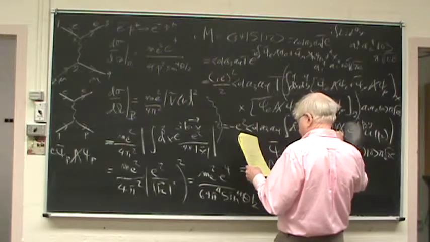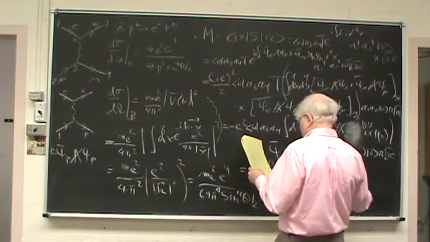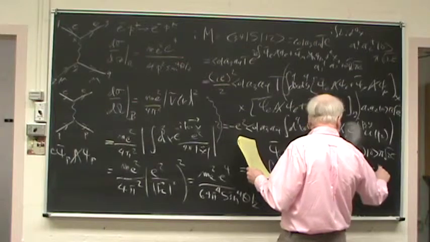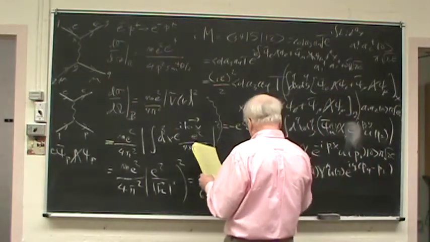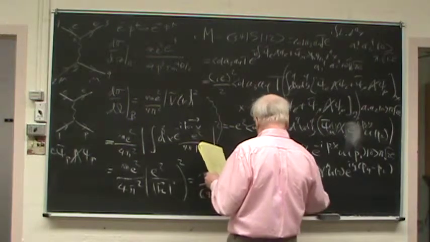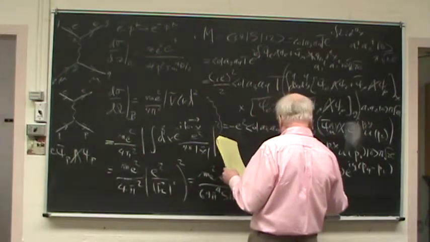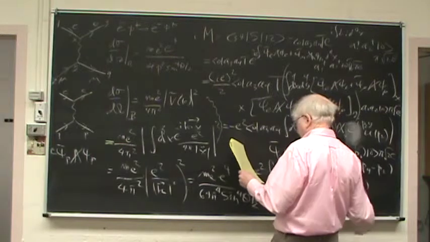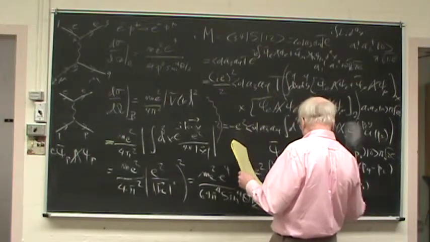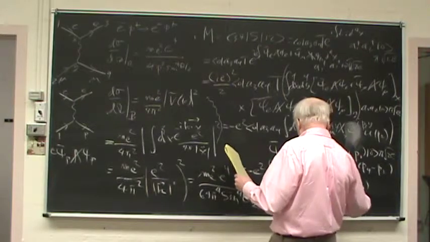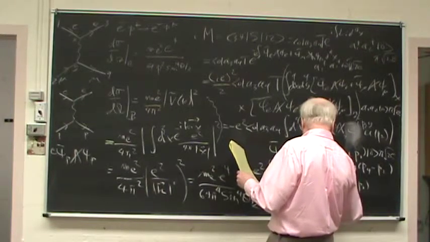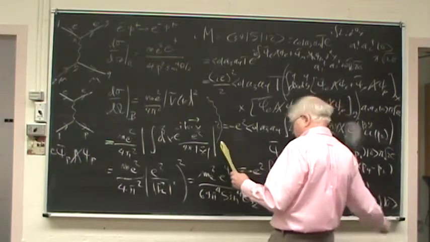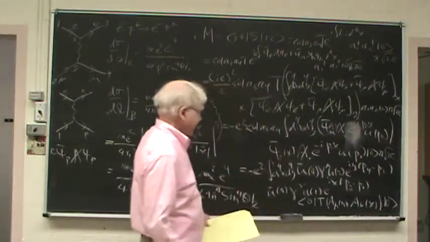So u bar 4 gamma mu u2, and then that will be altogether e to the i y (p4 minus p2), and then we'll have u bar 3 gamma nu u1 e to the i x (p3 minus p1), and then we'll have the vacuum time ordered product, and it will be a mu at y, a nu of x, 0. The e's are all gone. I think that's actually everything.